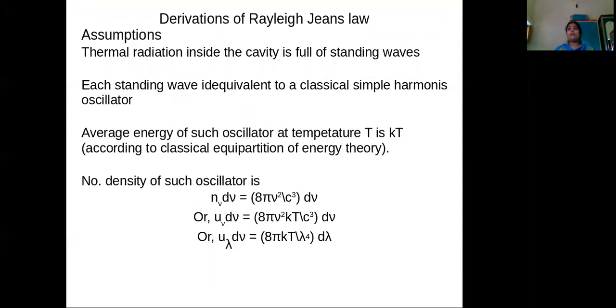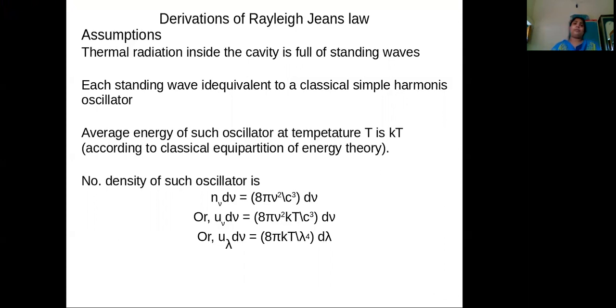This is according to the classical equipartition theorem of energy. Now we got the average energy of each oscillator to be kT, and if the number density is n nu d nu, then the energy density will be the number density multiplied by the average energy.